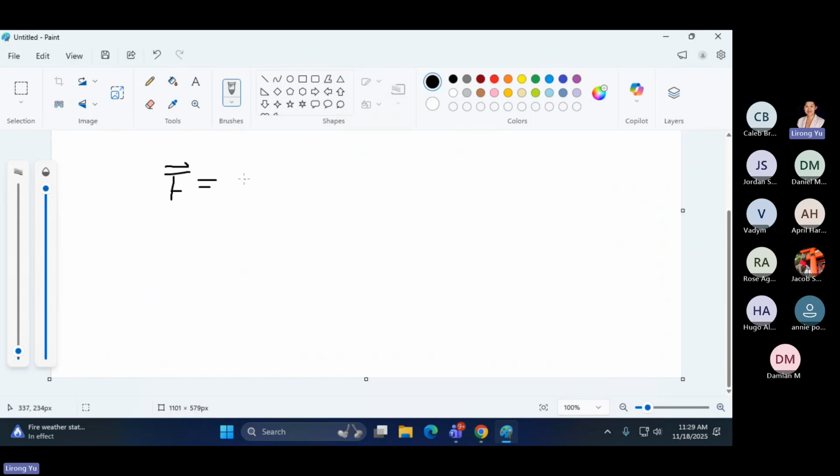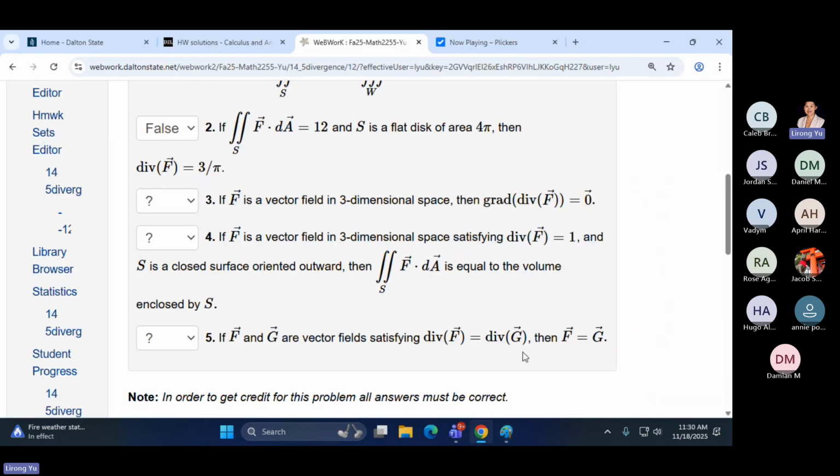If we take a very common scenario, F equal to x, y, z, then the divergence of F equals 3, right? The derivative of x is 1, the derivative of y is 1.